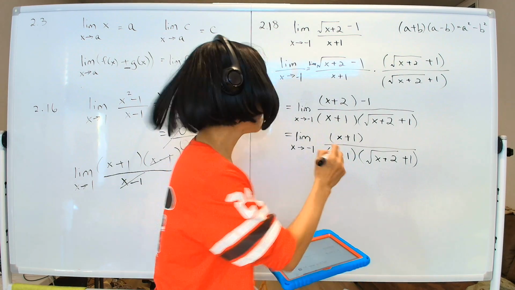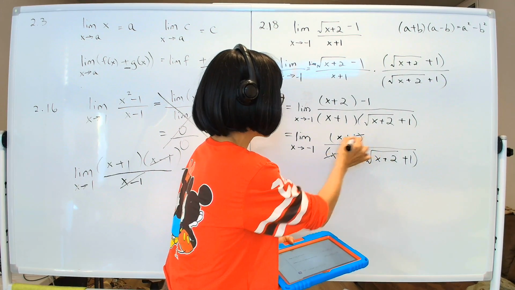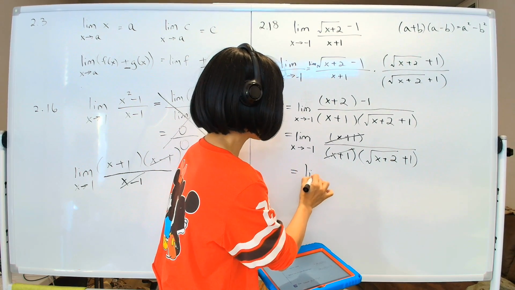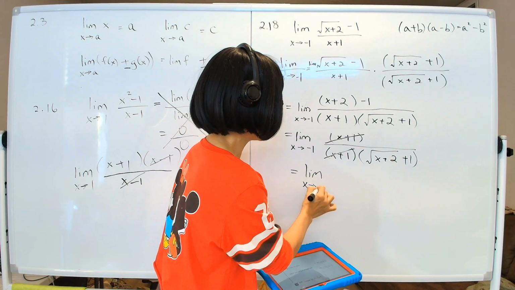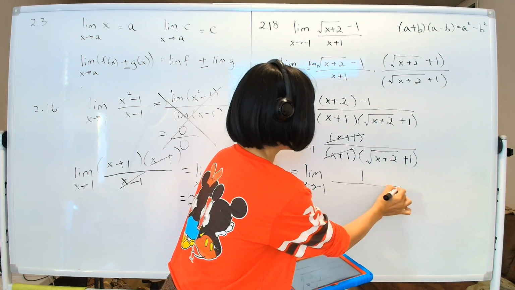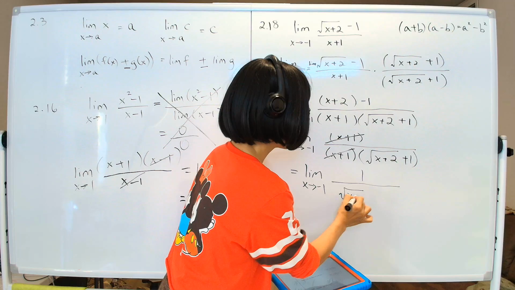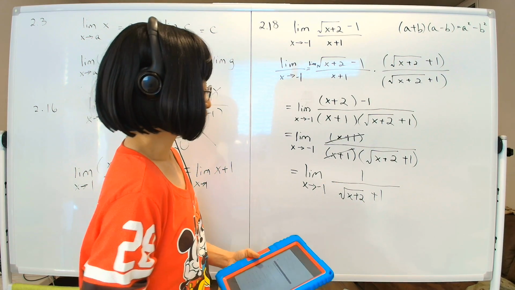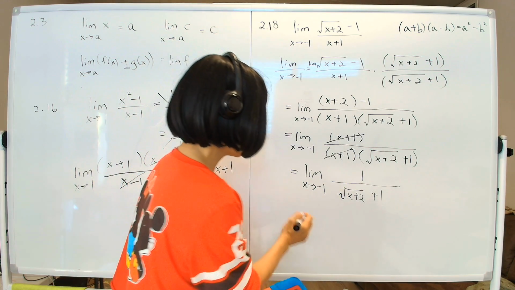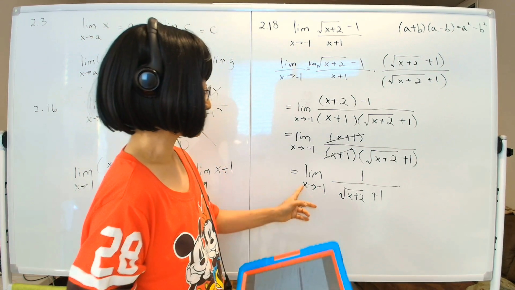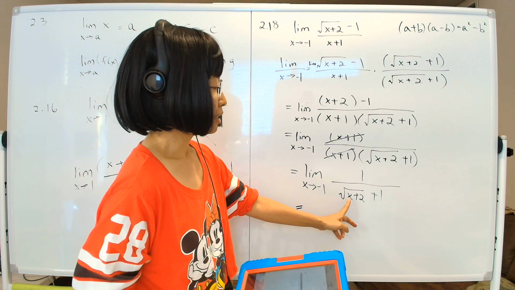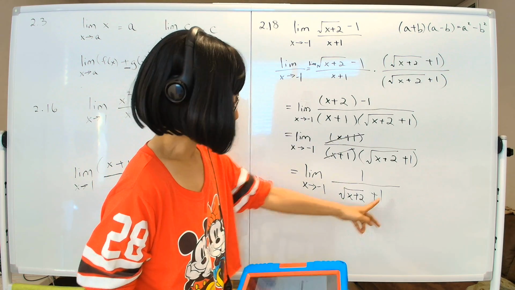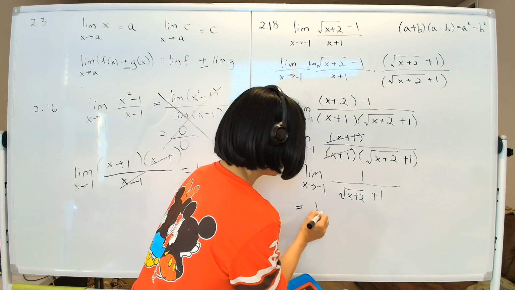So with that fantastic trick, you're allowed to cancel it, and then this becomes the limit as x approaches -1 of 1 over this pile of stuff, which I will write down here. At this point, you can calculate this as x goes to -1. It becomes very close to -1, this is 1 plus another 1, so you get 1 over 2.